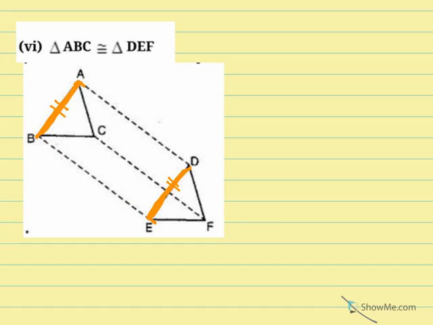I had a green parallelogram, and we proved that this was a parallelogram. So now I can say BC equal to EF, opposite sides of parallelogram. The rest I will erase.